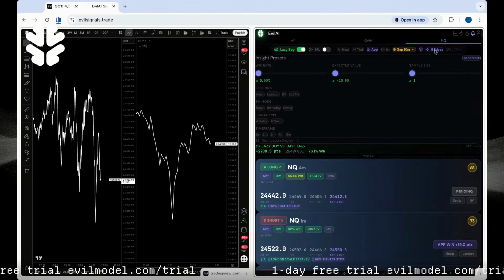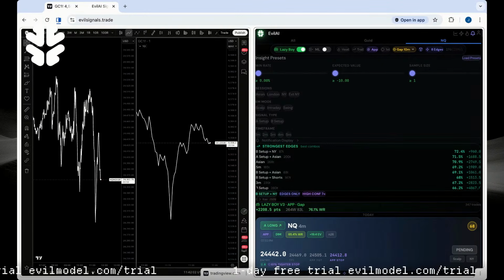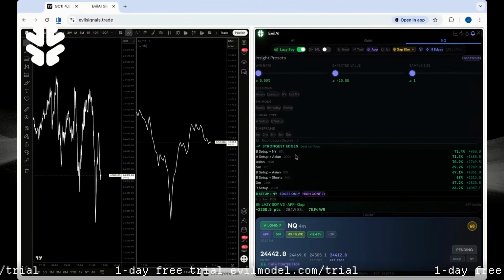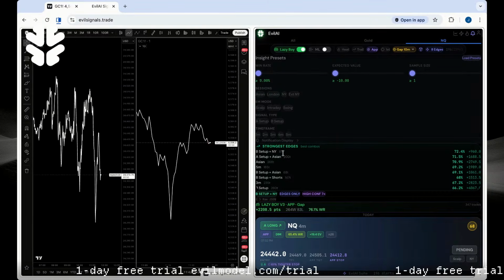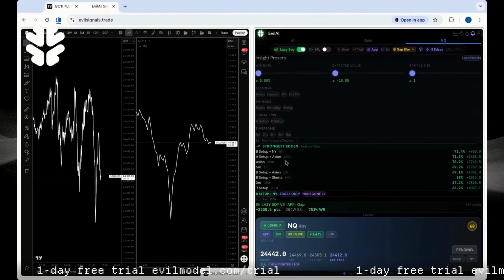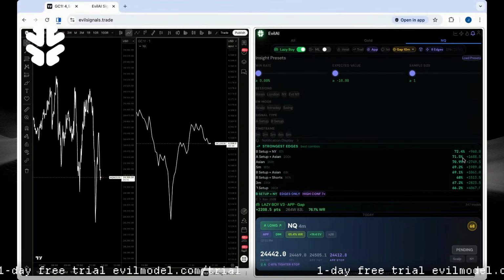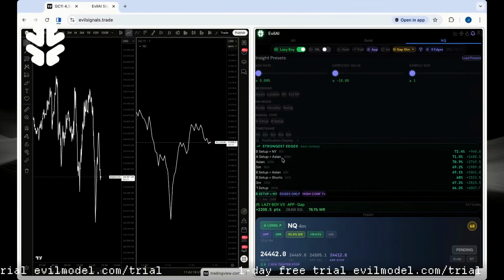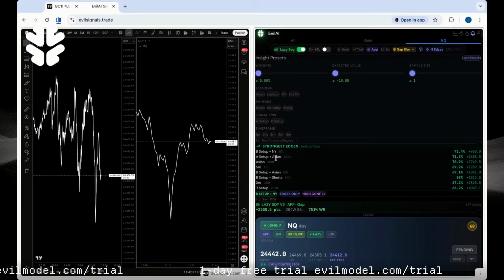So maybe you go to edges, and you only want to see B setups in New York because there's an 87 trade count. Or maybe you only want to see this one, a 200 trade count, 70% success rate, with a big amount of points accrued during that time.